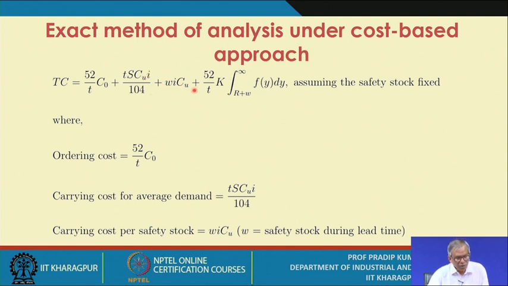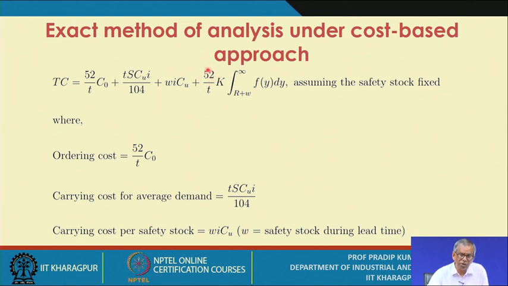Then the next one is the safety stock. What is the safety stock amount? That is W, and it is the carrying cost for the safety stock. And why do you keep safety stock? To prevent the occurrence of stockouts. So obviously here we are assuming that in any order cycle there could be a stockout.